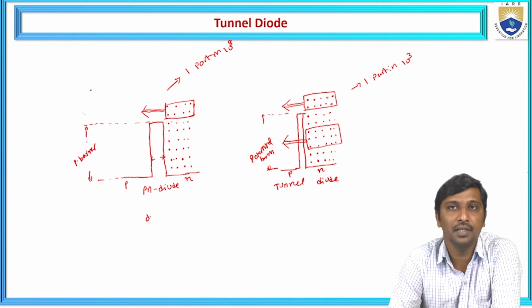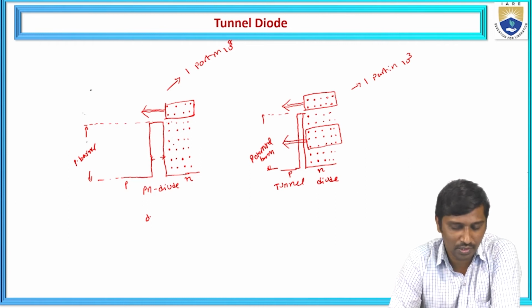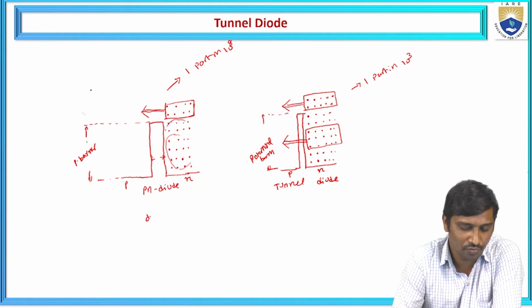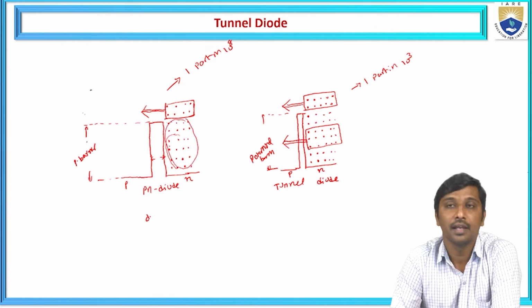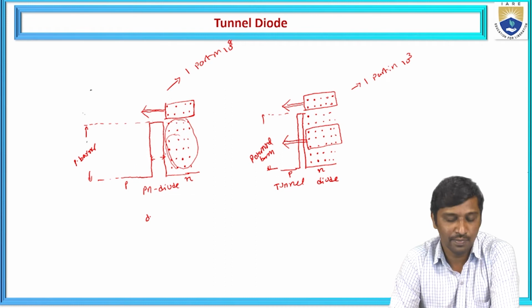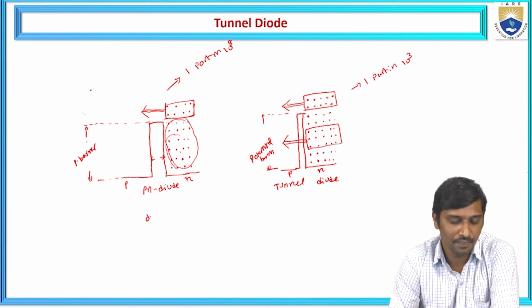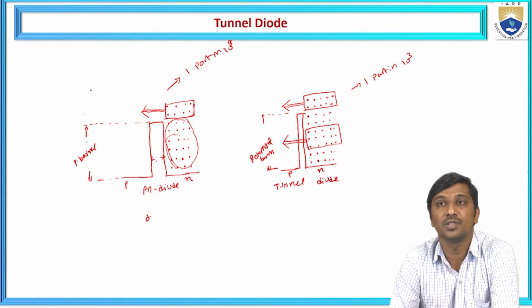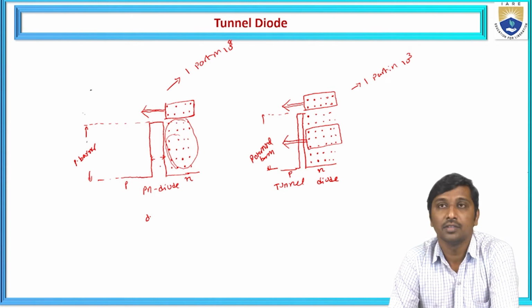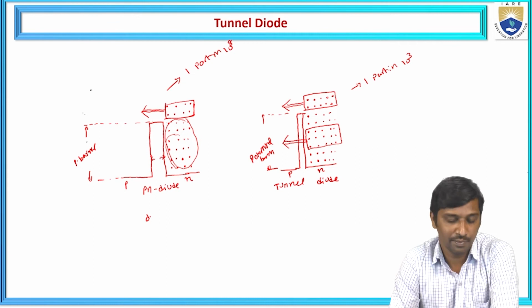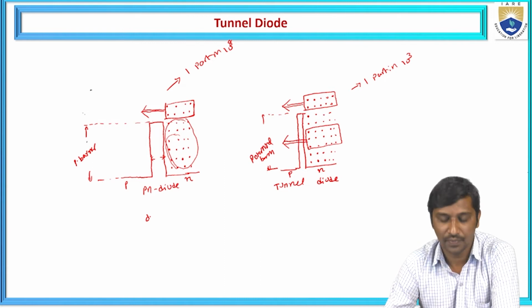But in the case of a normal PN junction diode, these charge carriers are not diffusing towards the P side region. Why? Because these charge carriers have lower potential energy compared with the space charge region, and the depletion width is very large in a normal PN junction compared with a tunnel diode.